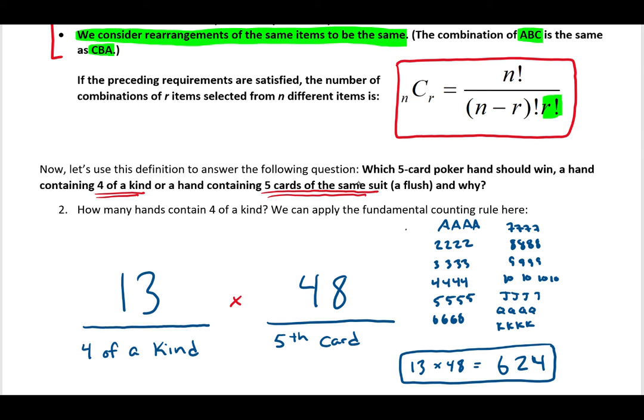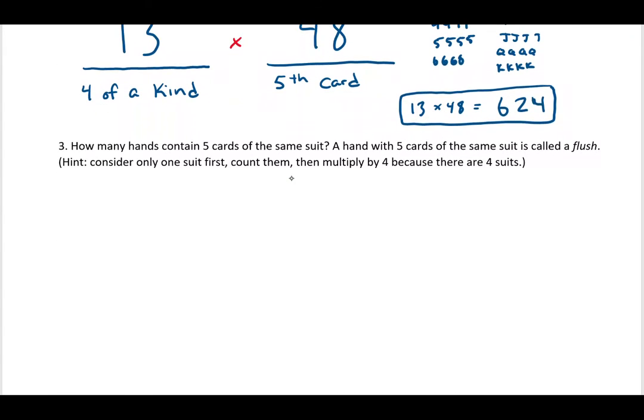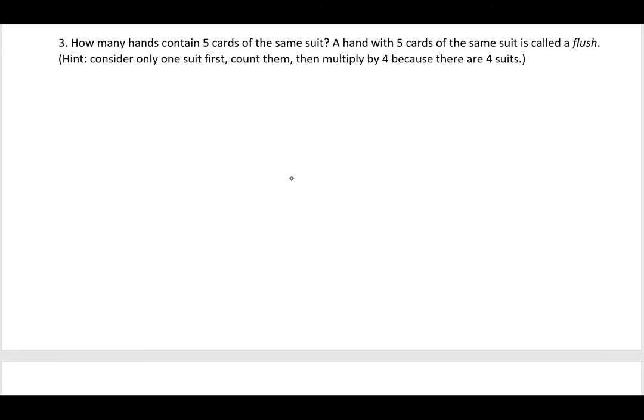Let's move on to 5 cards of the same suit. How many hands contain 5 cards of the same suit? Well, there's 4 suits in the deck, right?